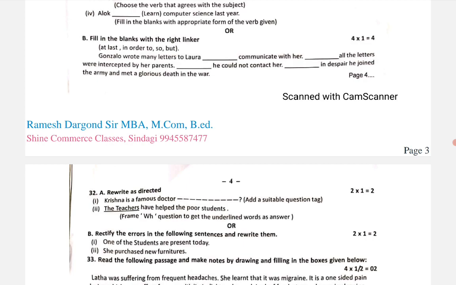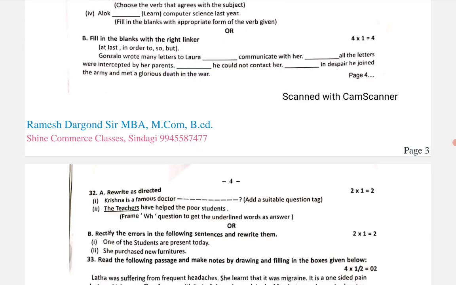So, Gonzalo wrote many letters to Laura. So what is the correct answer here? In order to communicate with her. Yes, in order to communicate with her. But all the letters were intercepted by her parents. Correct, yes.